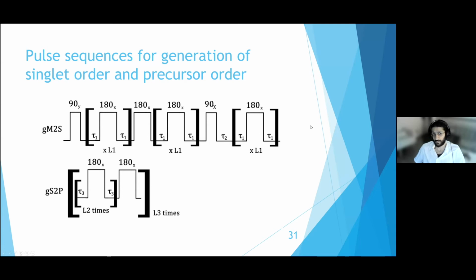This takes the singlet order that you've made and converts it into singlet precursor order. And both of these sequences are echo-based sequences. They're based on repeated trains of synchronized 180-degree pulses. And the reason behind this wasn't just aesthetic. This is because with 180 pulses, it's so much easier to compensate against errors like resonance offset and pulse inhomogeneities. So you can work against experimental error.